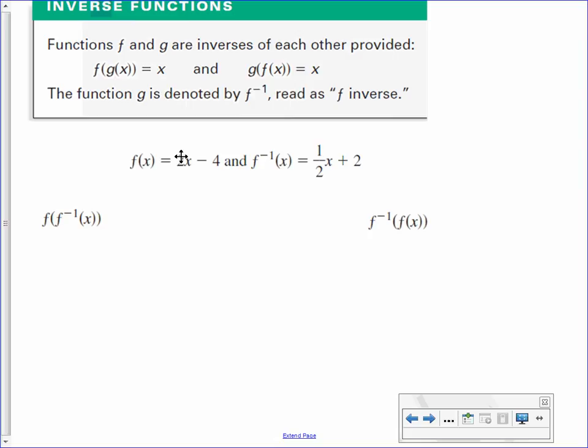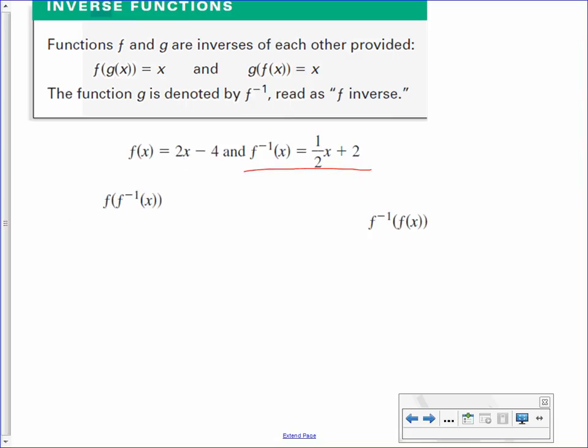If you take f of x, take the inverse of f and substitute in for f, and you take the f and substitute in the inverse, you should get the exact same answer. And that answer should always just be x. In order to tell if something is an inverse, the following happens.